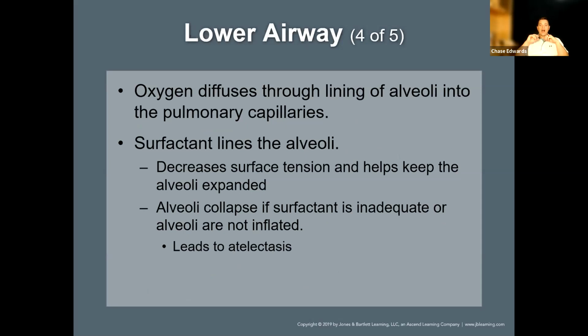Oxygen diffuses through the lining of the alveoli into the pulmonary capillaries, and surfactant lines the alveoli. Like we said earlier, surfactant decreases surface tension and helps keep the alveoli expanded and open. If the amount of surfactant is inadequate or the alveoli are not inflated, the alveoli collapse, which results in atelectasis.